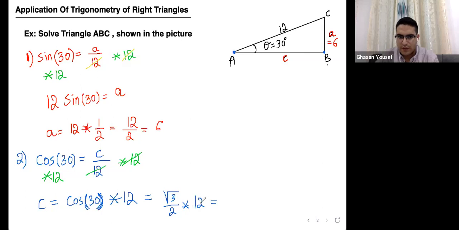Here we can cancel the 2 with the 12, and we get 6. And 6 times the square root of 3 is 6 square root of 3. So the value for c here is 6 square root of 3. This is what you should know, the application. Okay, any question?